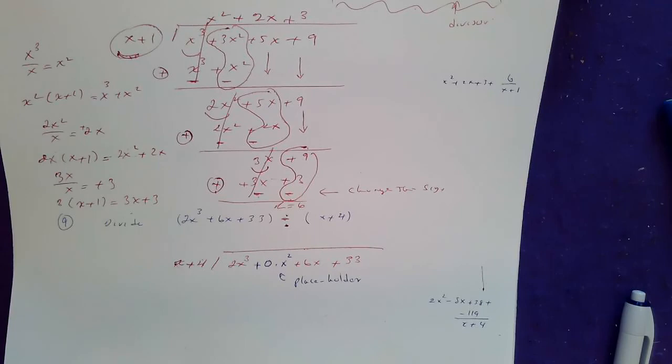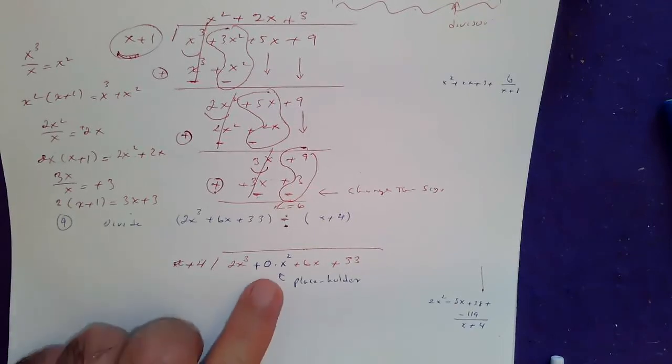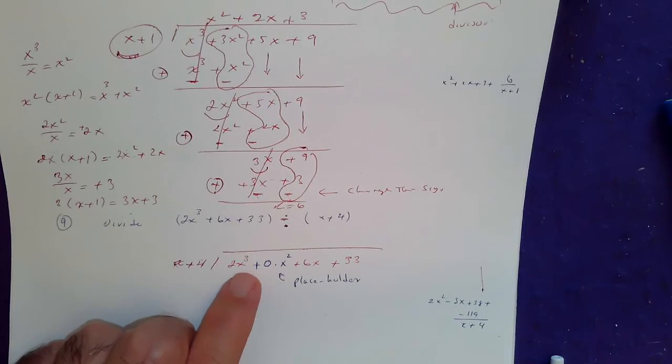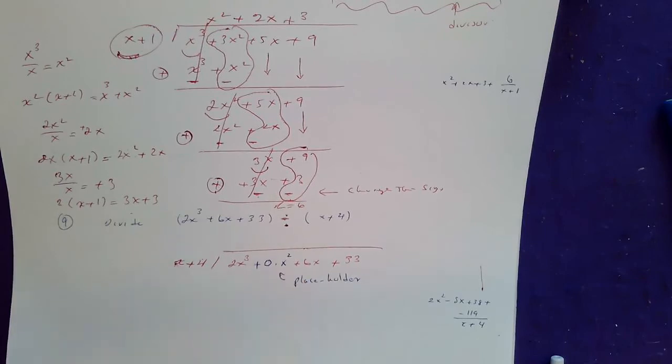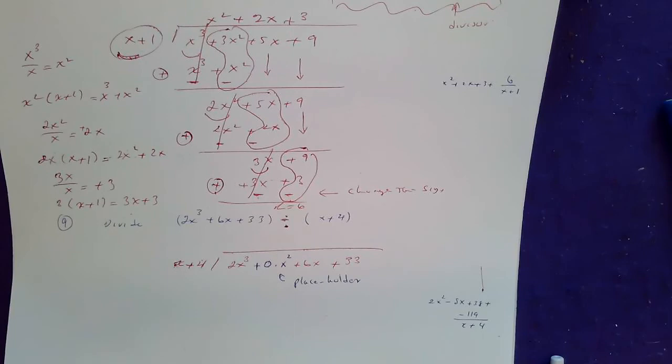I'll be right back, right? He's not going to pay your grocery bill. He's just holding your place till you get back, right? So in order not to get confused, oh my God, whatever happened to the x squared, we usually add 0 times that missing power of x, and that's called a placeholder.